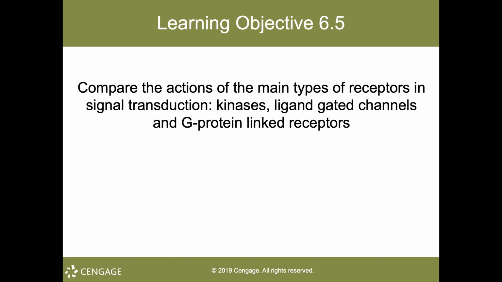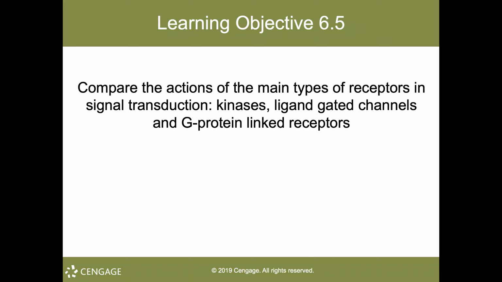These will bind to neurotransmitters and allow for either positively or negatively charged ions to enter the cell and either activate electrical impulses or inhibit electrical impulses in your neurons. All right, so those were specific examples that we gave as it relates to the neuron.